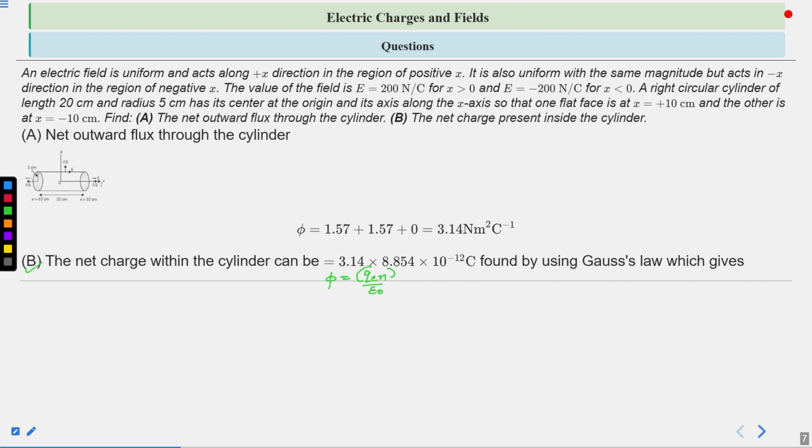The value of phi, the net outward flux, is 3.14, into the value of epsilon naught, which is 8.854 into 10 raised to the power minus 12 coulomb. Solving this, you will get the total enclosed charge within the cylinder. Clear? This comes from Gauss law. So the net charge present in the cylinder is this value.